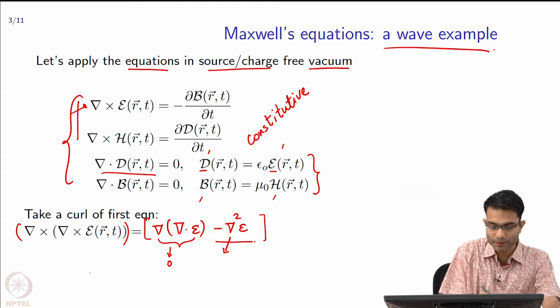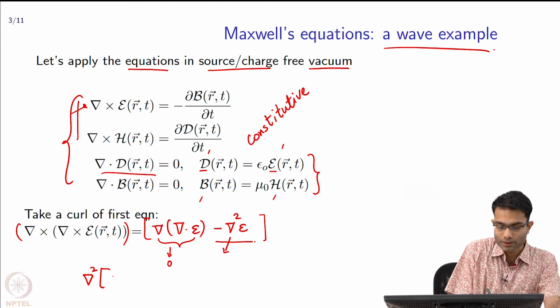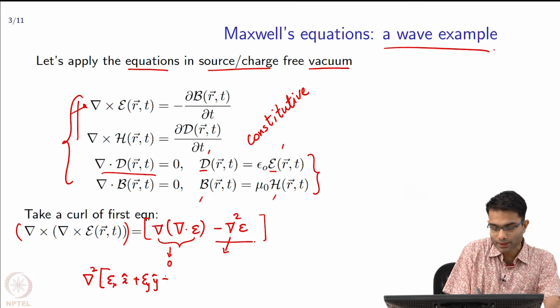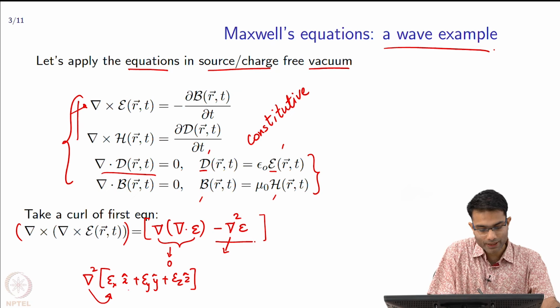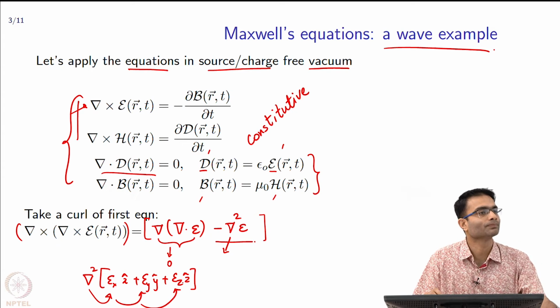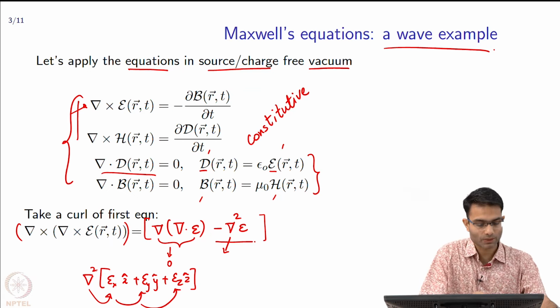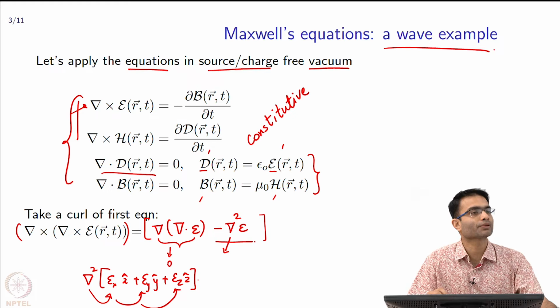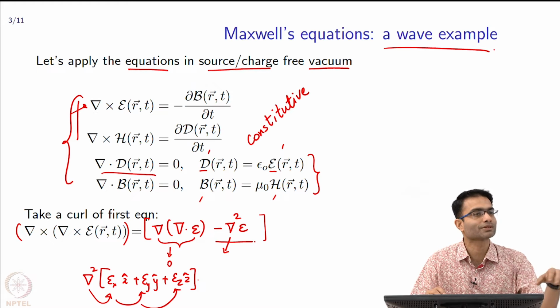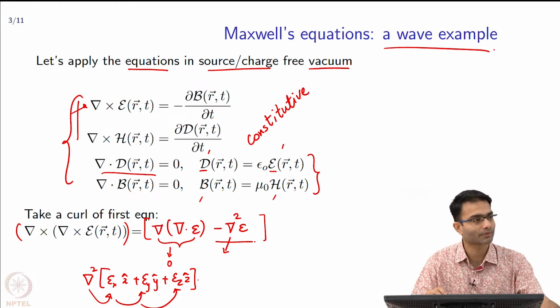Because this is actually going to be del squared of Ex x hat plus Ey y hat plus Ez z hat. So, del squared will act on each of these one by one and give me a vector. Del squared can act on a scalar, it can act on a vector, but right now it is acting on a vector, so the output will be a vector. That is one simple check that you should do, like in school we used to do dimensional analysis. This is similar.